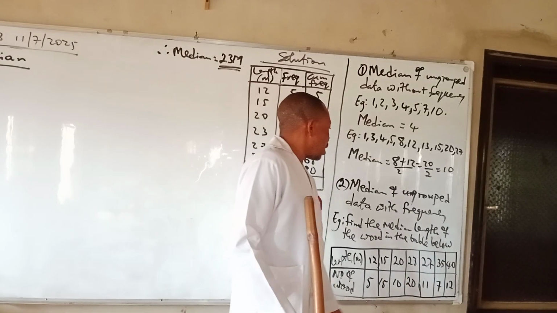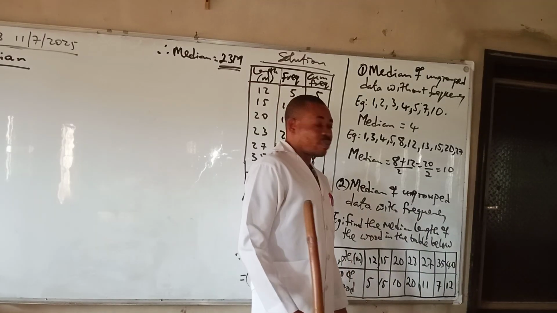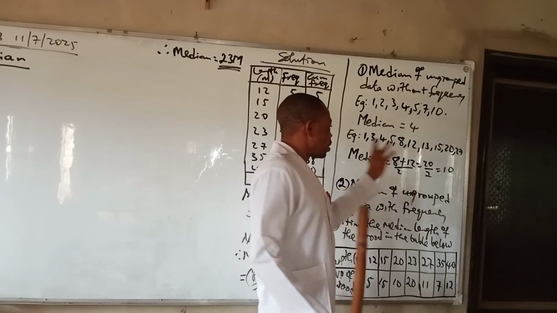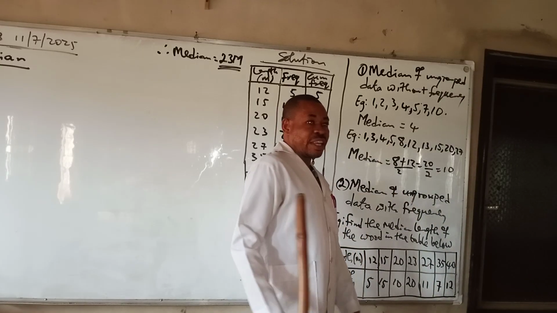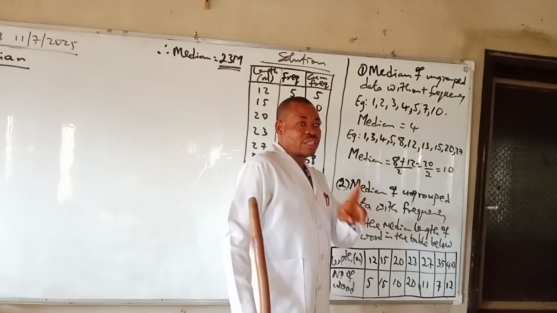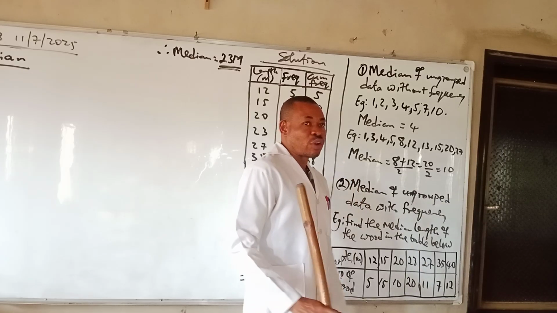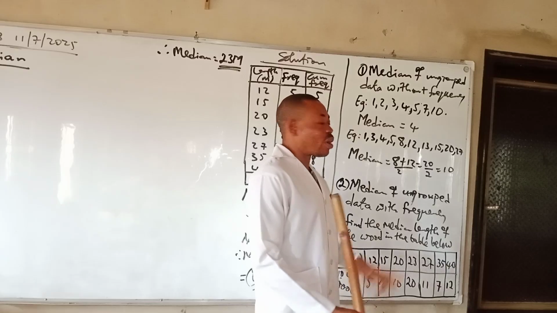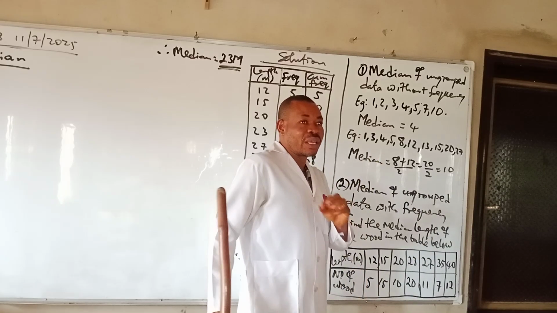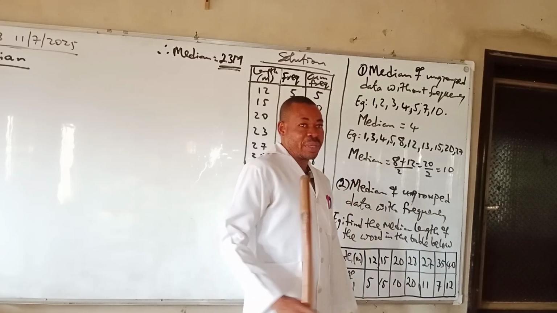For us to calculate the median, we check the two numbers, because once the total number is even, there must be two numbers at the middle. You can't get one number at the middle. It's only an odd number that can have one number taken as the median.